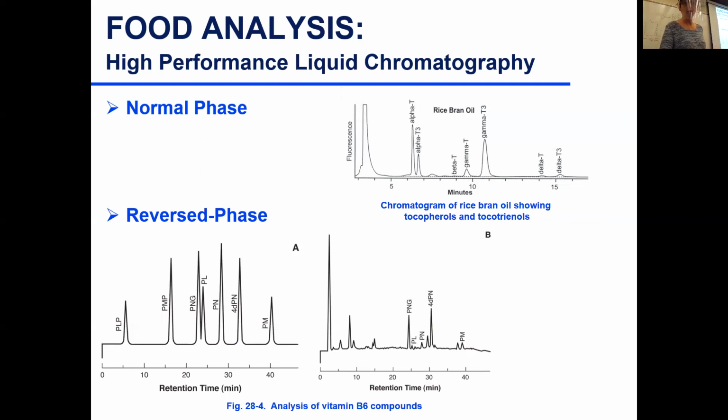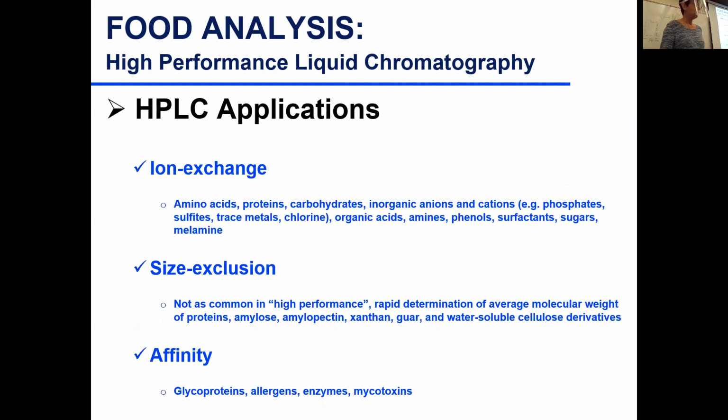FYI, nothing here really to worry about. So ion exchange, we can use them to separate charged molecules like amino acids and proteins, but also carbohydrate, we can actually use anion and cation exchange, but we induce charge.